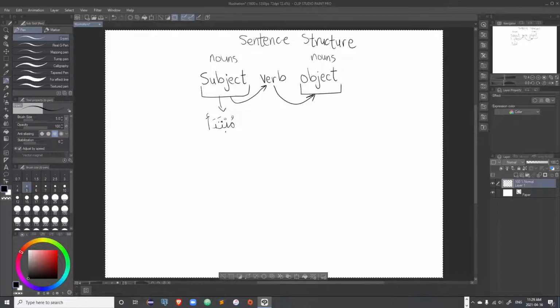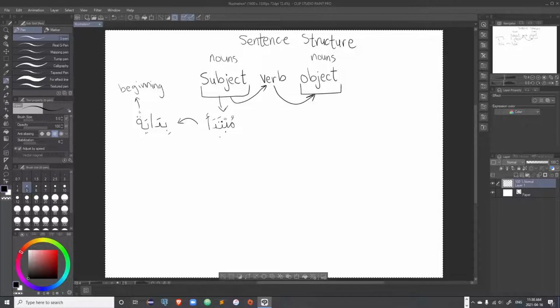So the beginning of the sentence starts with mubtada, and this is derived from the word bidaya, which is beginning. This word means beginning. So a mubtada is the subject of the sentence or the beginning of the sentence.